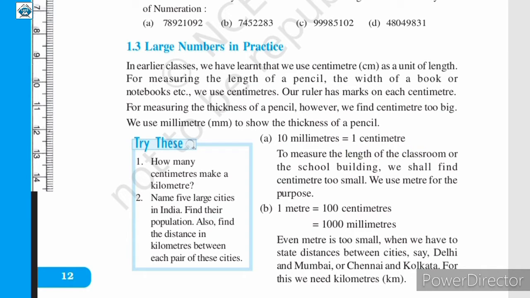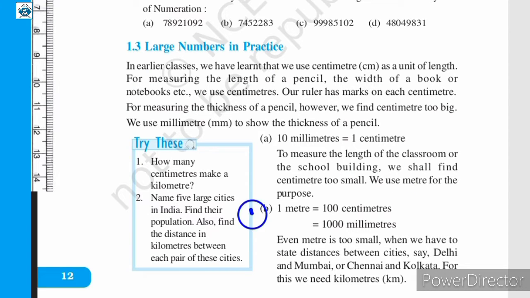Here you are given the conversion which you need to keep in mind. 10 millimeters is equal to 1 centimeter. Now, if you were to measure the length of your classroom or the school building, then centimeter will be too small. For this purpose, we will use meter.